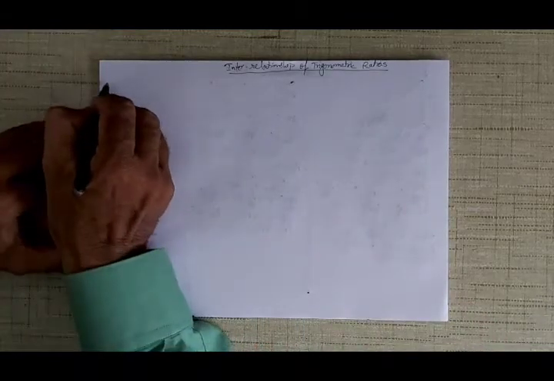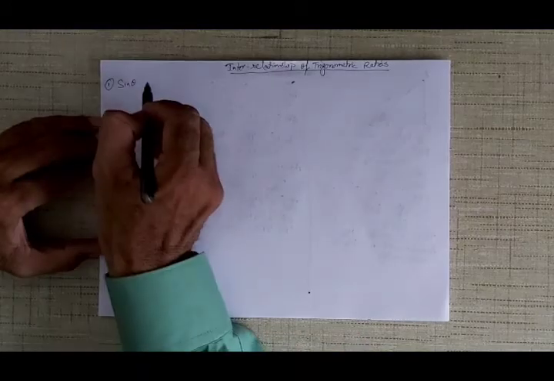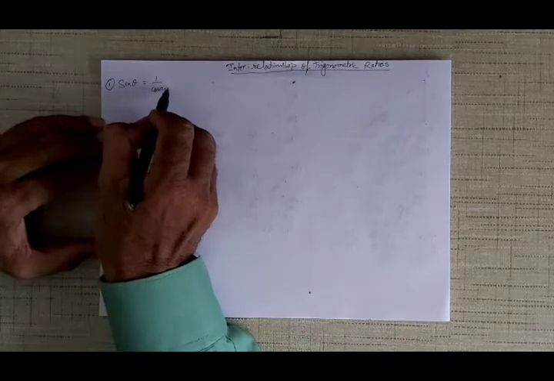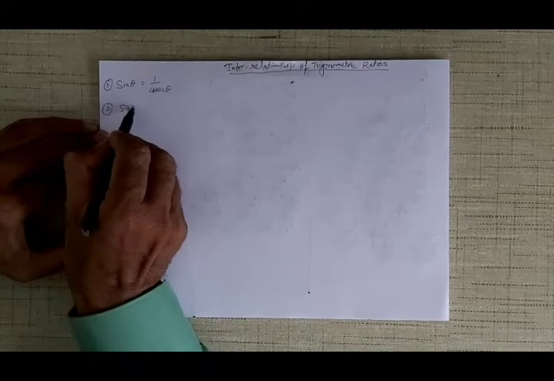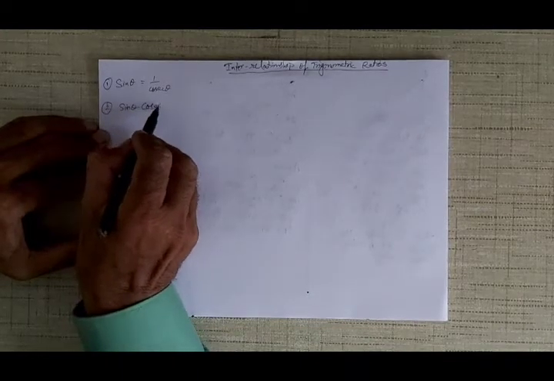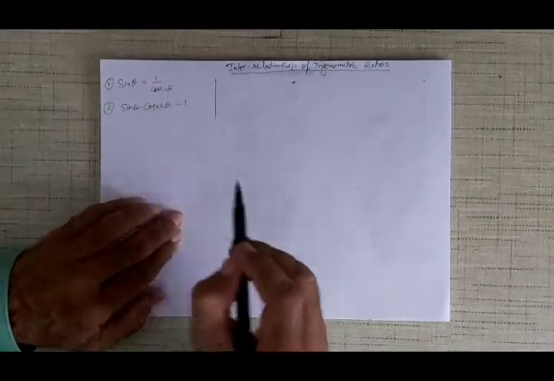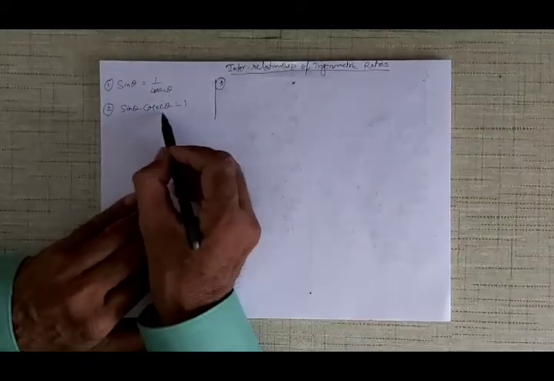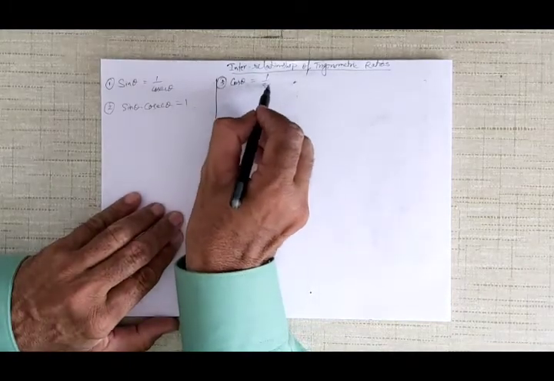First of all, let us take sin square theta. Sin square theta is equal to 1 upon cosec square theta. Therefore you can also say that sin theta into cosec theta is equal to 1. Alright, let us take the other one, cos theta. Cos theta is the reciprocal of sec theta.